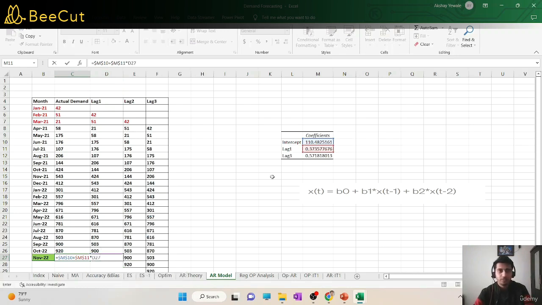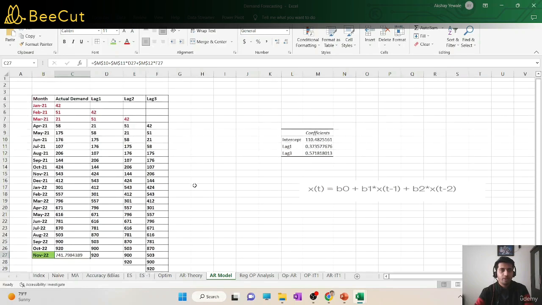Yeah, this is coefficient 1, plus now we have taken lag 3 directly because lag 2 was not a significant coefficient, the p value was higher, so we'll skip b2. That was not adding enough value, so we have removed it, and we'll be taking b3 directly. So b3 would be this coefficient into the lag 3, which is this one. Here completes it. So this is the prediction for November.